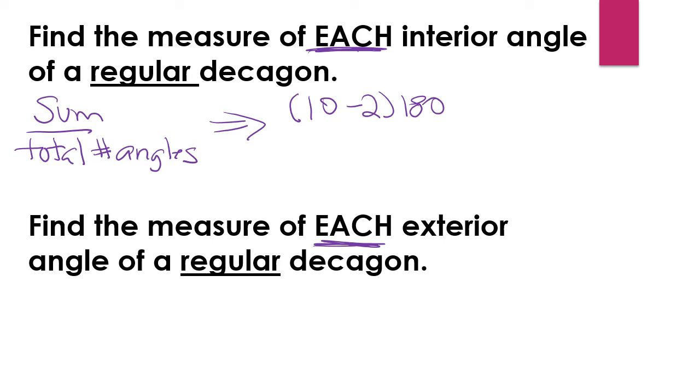That will give me the sum of all the interior angles. And then I'm going to divide by the total number of angles in my polygon. Because this polygon is regular, that tells me that all the angles are the same, and that's what allows me to use this formula. You will enter this into your calculator, and that will give you your answer. So take the time to hit pause and plug this into your calculator.